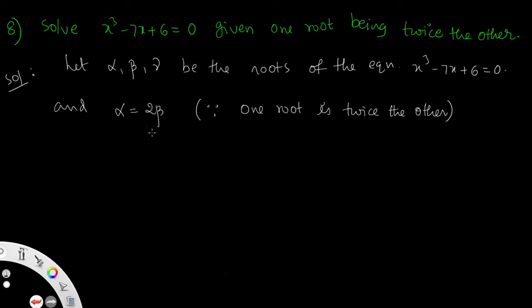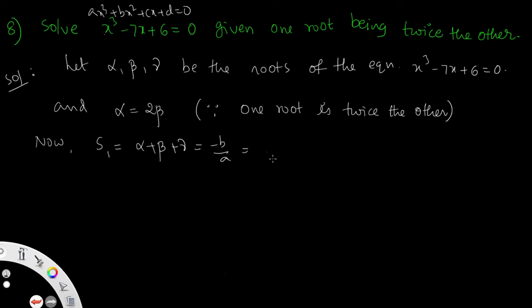Now we have the conditions for any equation. The sum of the roots, denoted by S1, is alpha plus beta plus gamma equal to minus b by a. Compare the equation with ax cube plus bx square plus cx plus d equal to 0. Here a equals 1, and b is not there, since the x square term is absent.